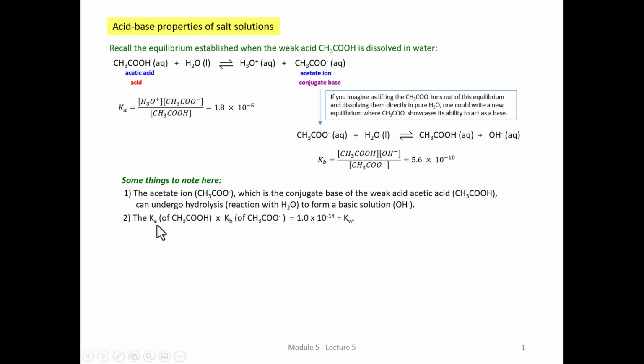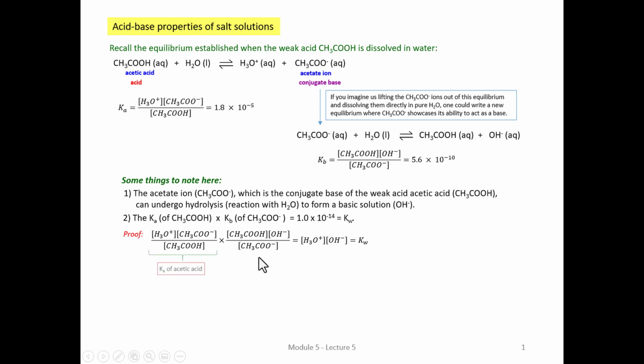The Ka of the acetic acid times the Kb expression for the acetate acting as a base turns out to be equal to 1 times 10 to the minus 14, and this is called the Kw, which we've discussed before. We can prove this by taking the Ka expression of acetic acid right up here and multiplying it by the Kb expression for the acetate right here.